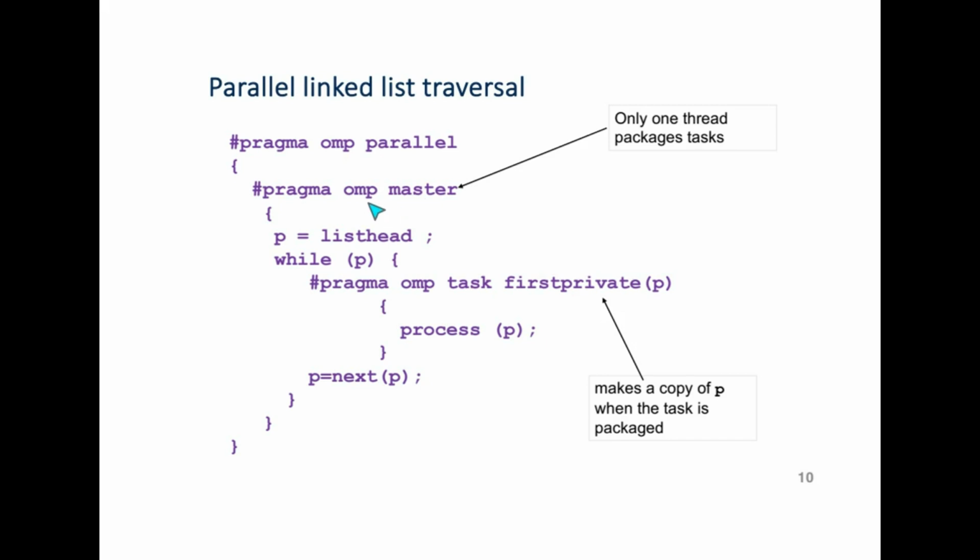Okay, so just the master thread will traverse the list and use the task construct to identify the call to process as the independent piece of work that can be executed in parallel for each item in the list.